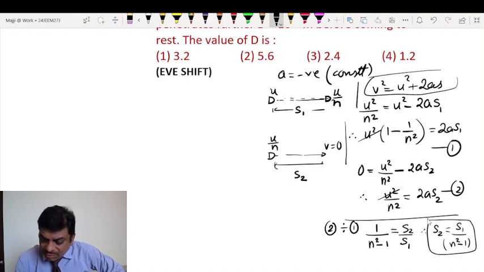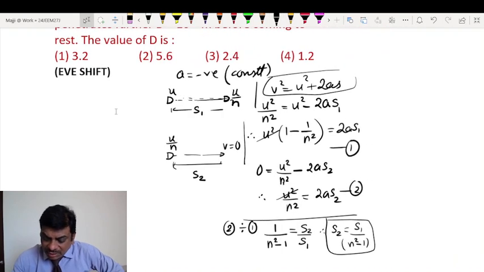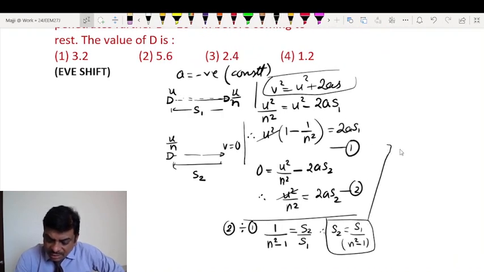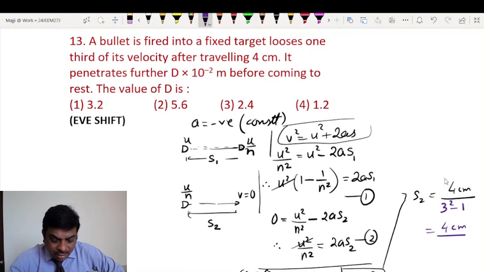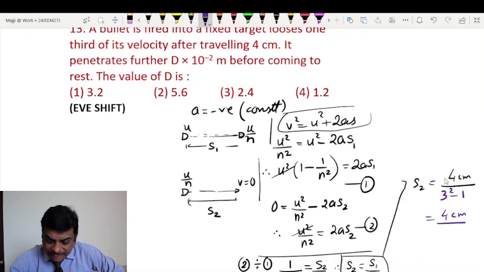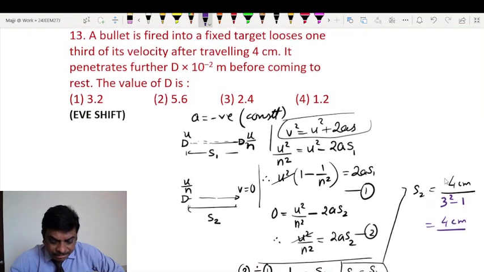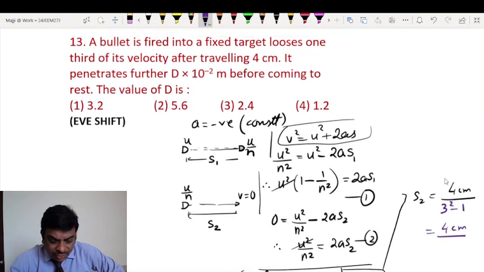So you can treat this as a formula, students. Okay. In our case s1 is 4 cm, and it loses 1/3.